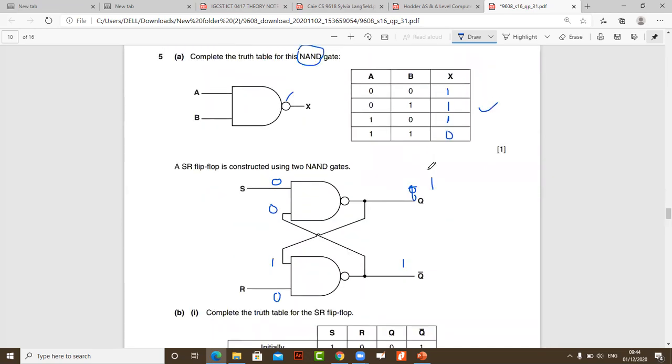This step had not come until now, that this is also 1, this is also 1, and this is not an acceptable state. You cannot have Q which is equal to Q dash.